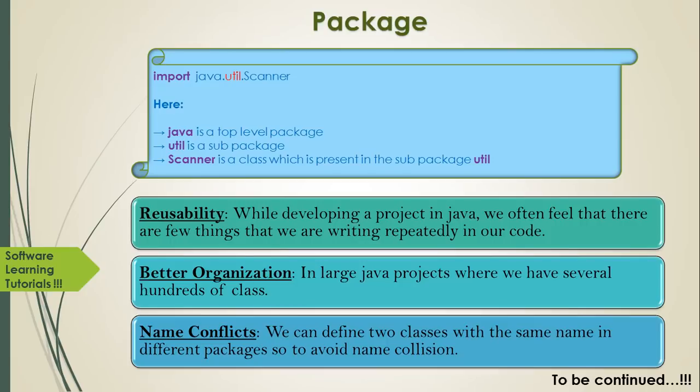Let's say I am creating one package called test, and I have a class in that test package called test1. If I need to import that class test1 into any other package, I will say import test.test1.